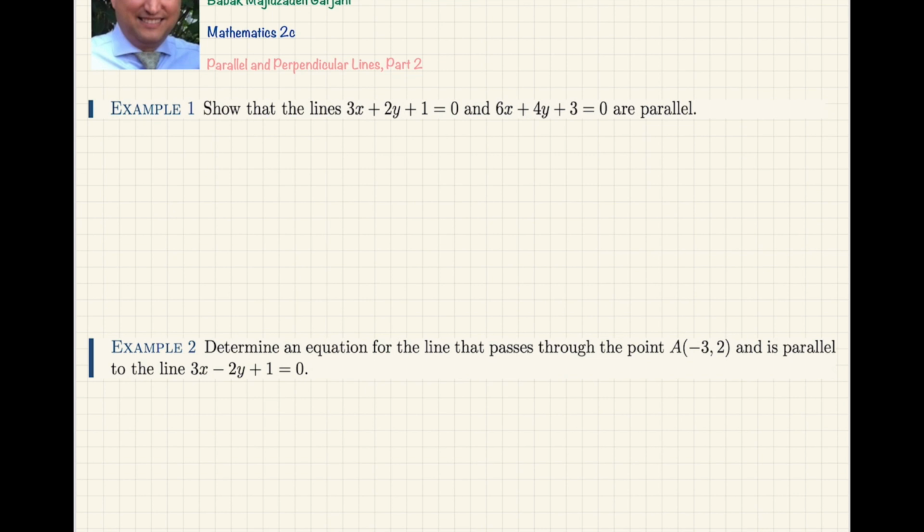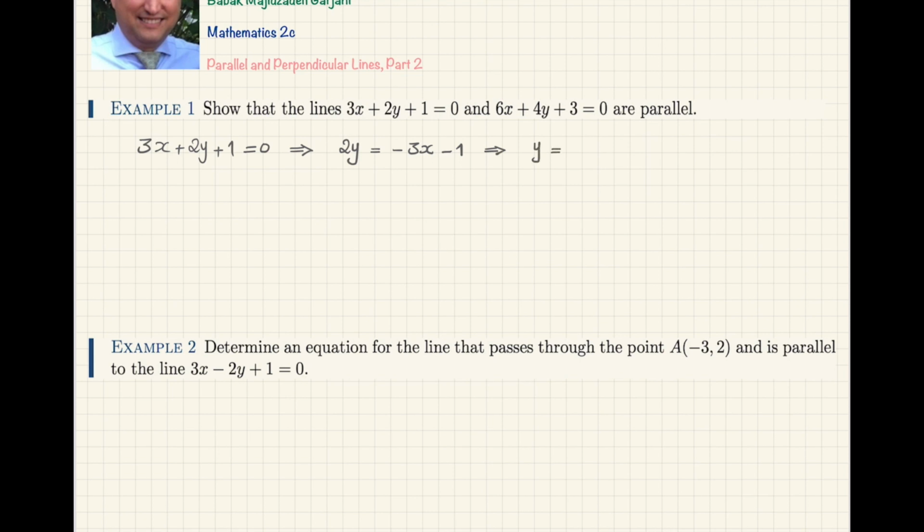The first thing that I do, I want to read the k value, so I need to write it in the k form. What does it mean? It means that y should be alone on the left hand side. So I will keep 2y here. I move 3x to the right, it becomes negative 3x. And I move 1 to the right, it becomes negative 1. Because I want to make y alone, I divide everything by 2.